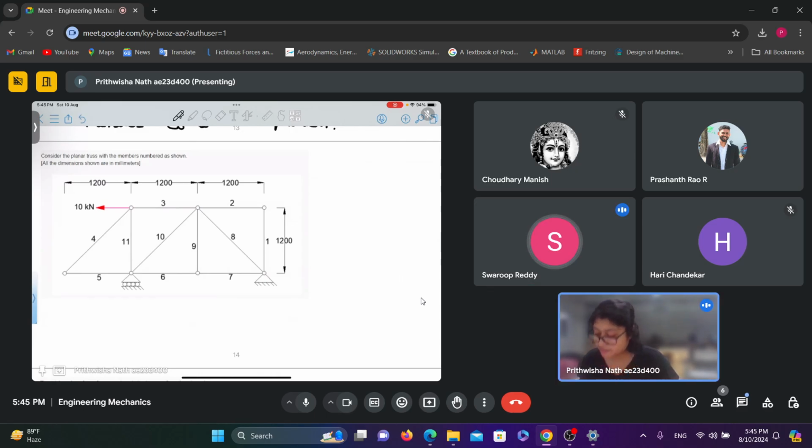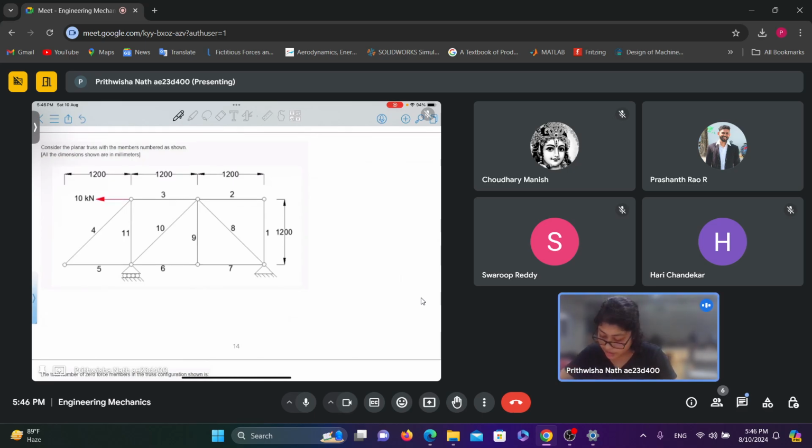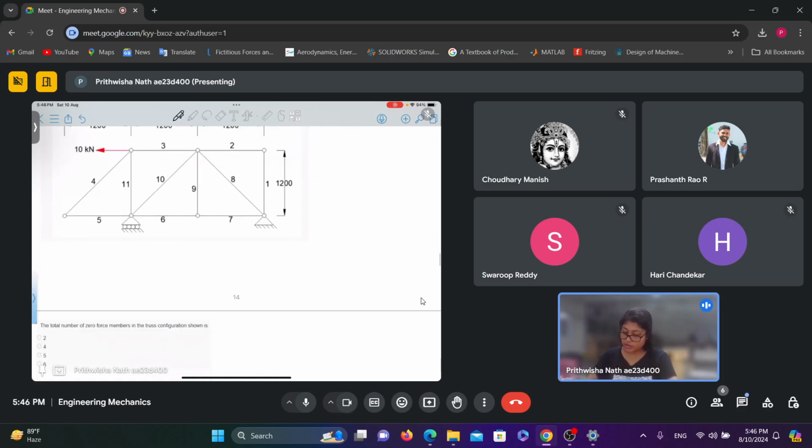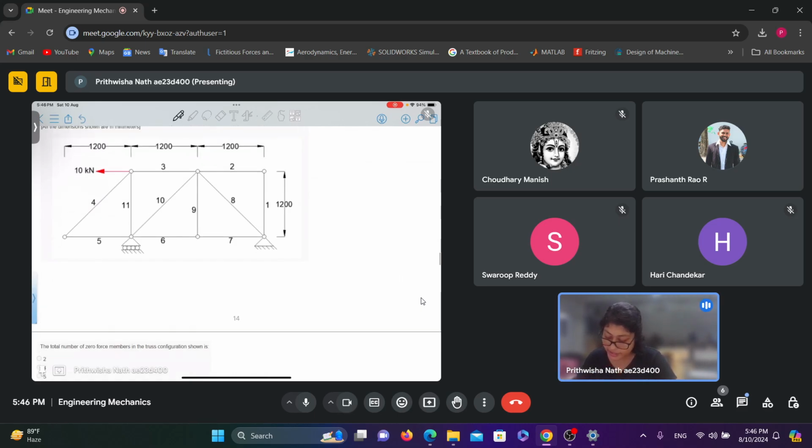So moving on. Consider the planar truss with members numbered as shown. The total number of zero force members in the truss configuration shown is? So there are total 11 members in this truss. You need to find out the number of zero force members.